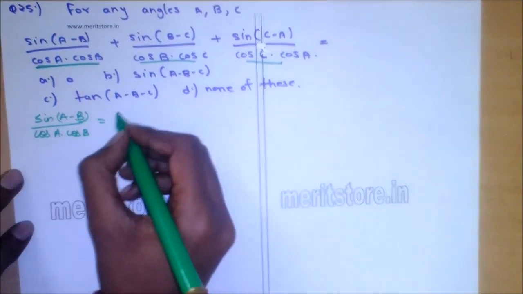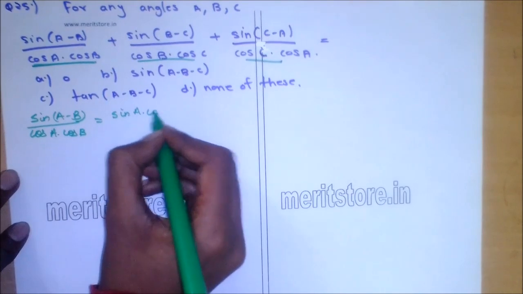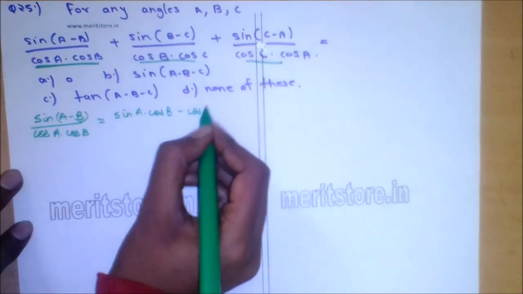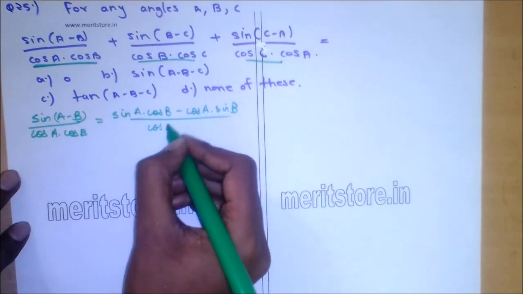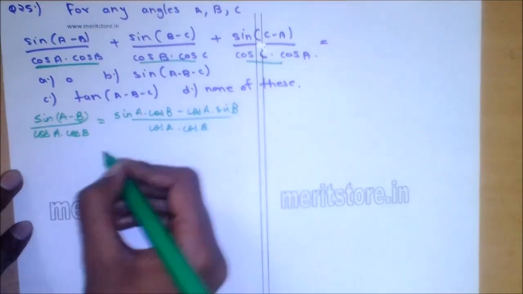Now sin(a minus b) is sin a cos b minus cos a sin b upon cos a cos b.